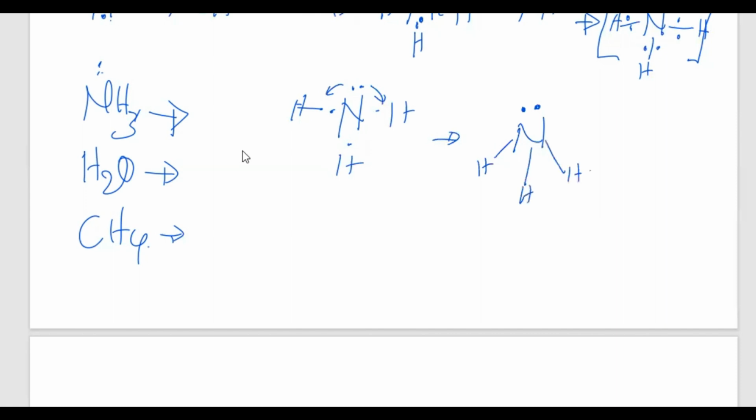So it pushes it a little bit down, and this one pushes just a bit up like that. And then which shape is formed here? It forms what you call the trigonal pyramidal.